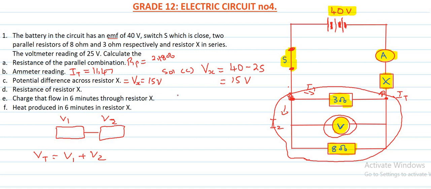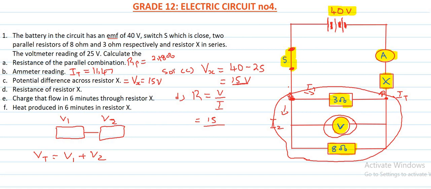Number D, they said calculate the resistance of resistor X. The resistance will be given by the voltage over the current. The voltage which we just calculated, we got 15, divided by the current. What was the value of the current?